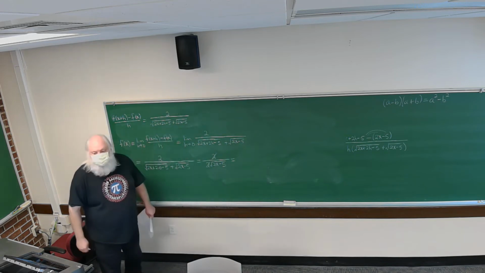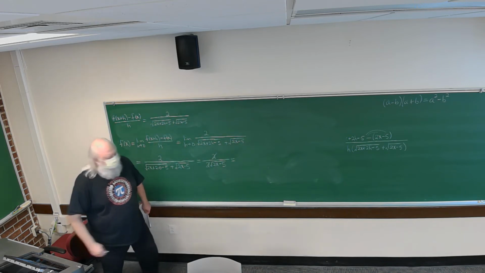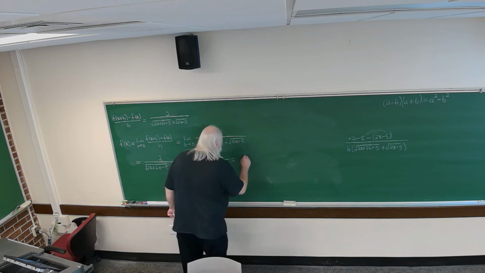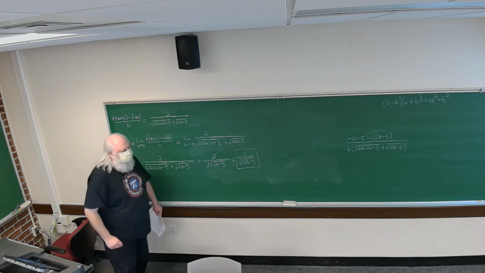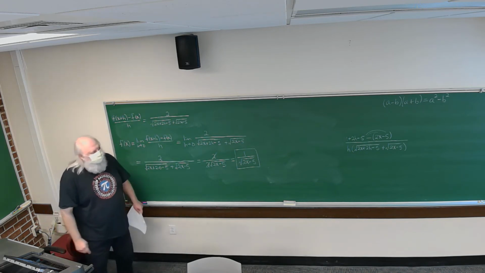And we're just left with 1 over the square root of 2x minus 5. So the limit exists. And it's equal to 1 over the square root of 2x minus 5. Okay?